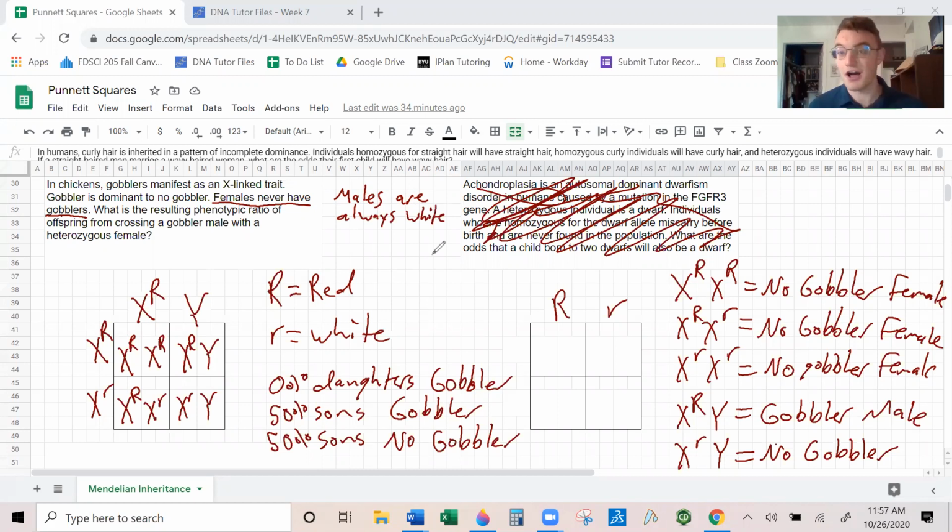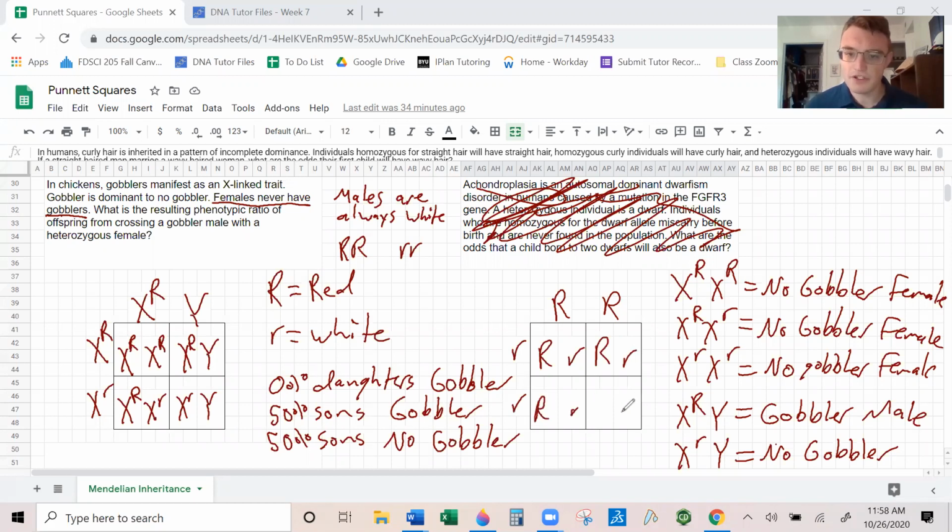Notice this is an example of an autosomal problem that would be sex limited. Then if you had a big R man crossed with a little r woman, then we would have a big R there. I'd have a little r here. You would wind up with this.